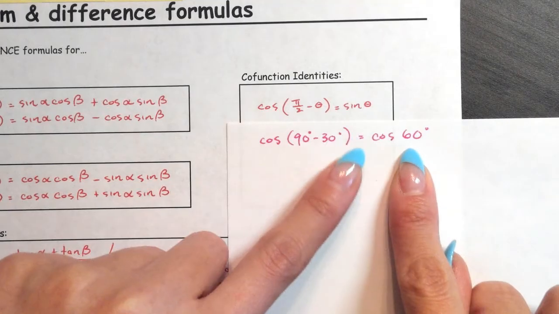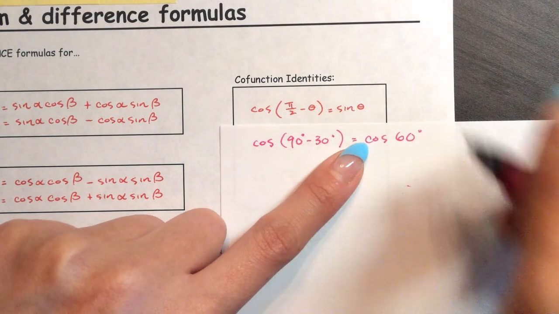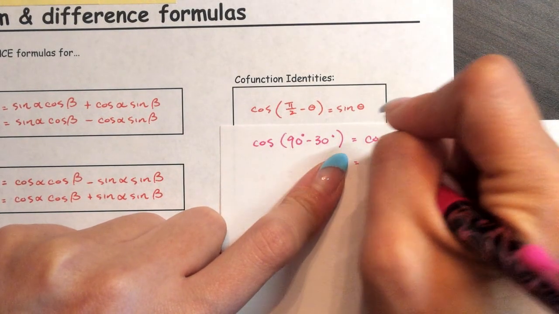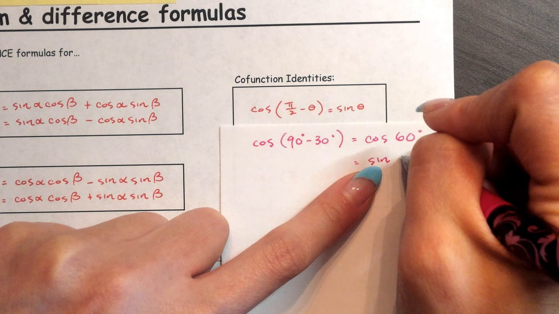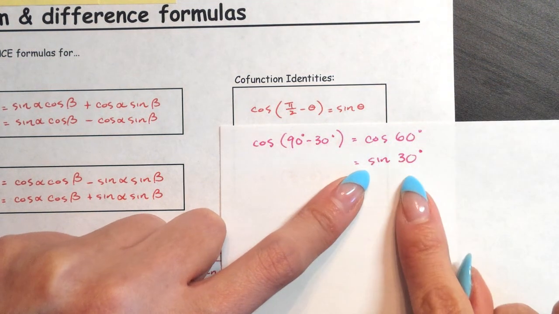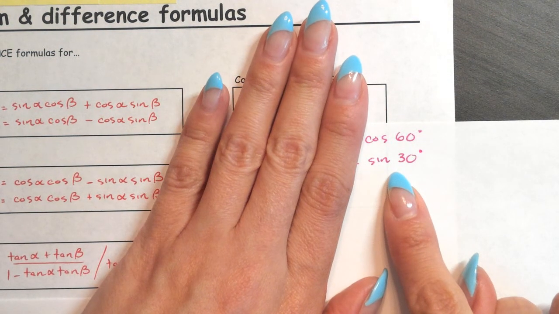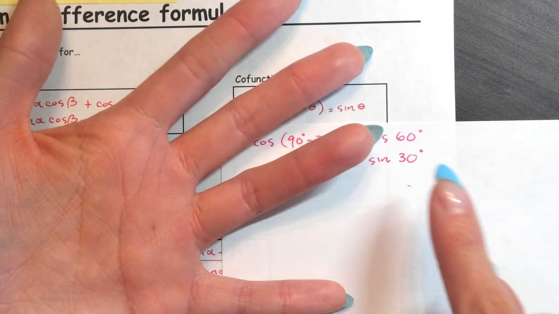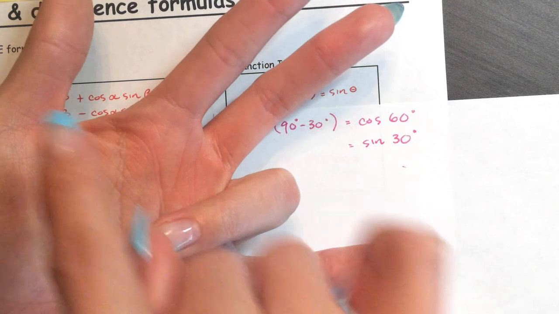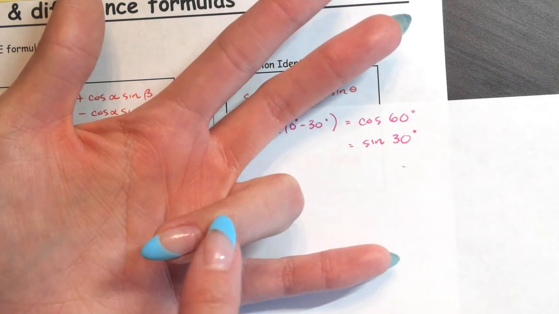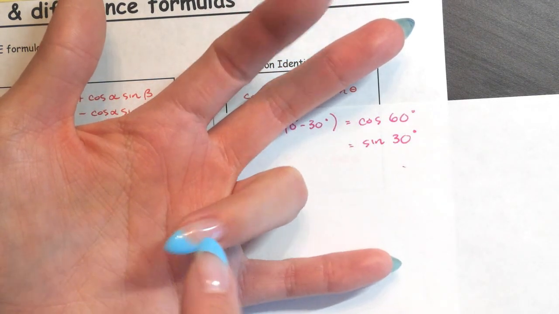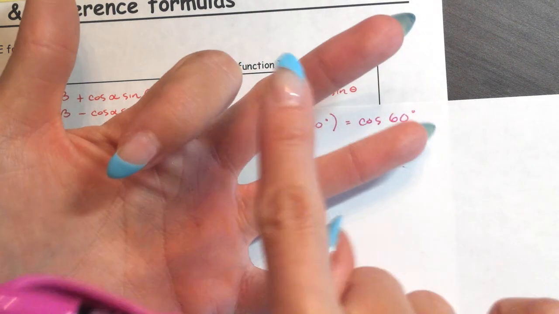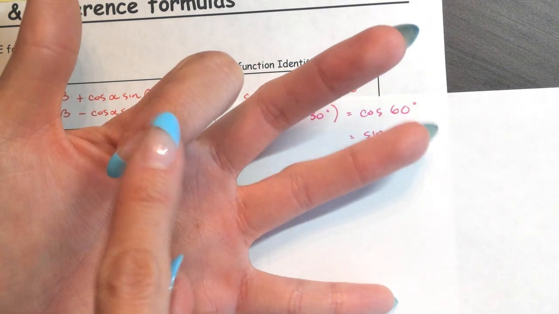The cosine of 60 degrees, we know, is the same as the sine of 30 degrees. So we know this to be true, right? When we look on the unit circle, or when we use our left hand, the cosine, the root 3 over 2 of 30 degrees is the same as the sine, root 3 over 2 of 60 degrees.